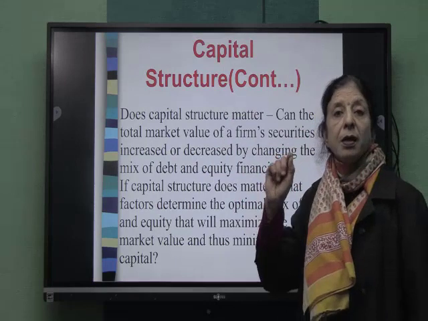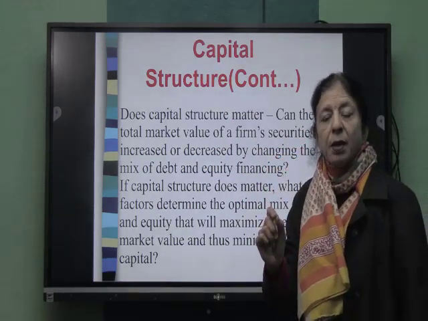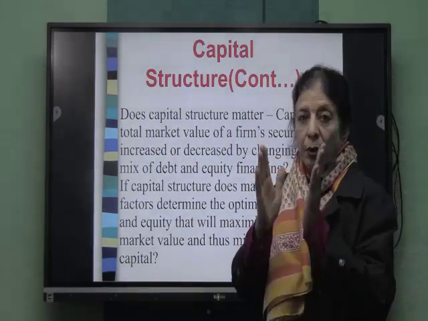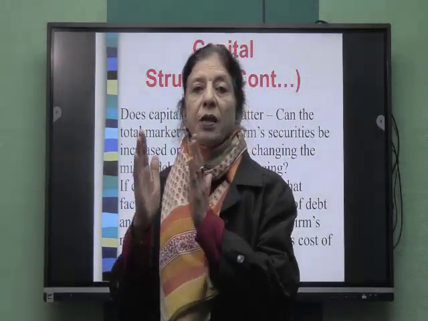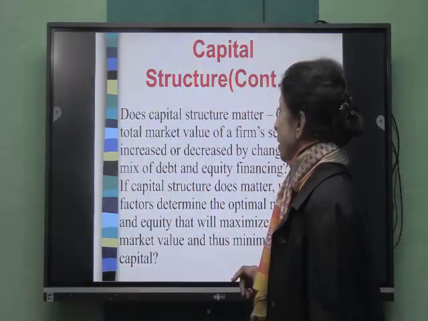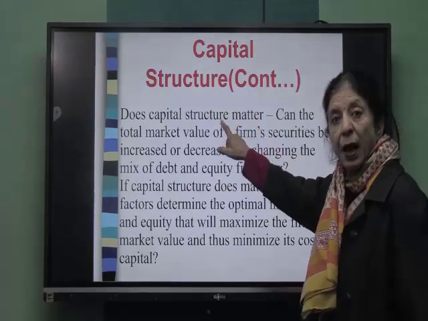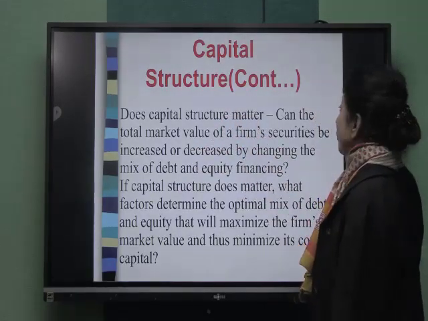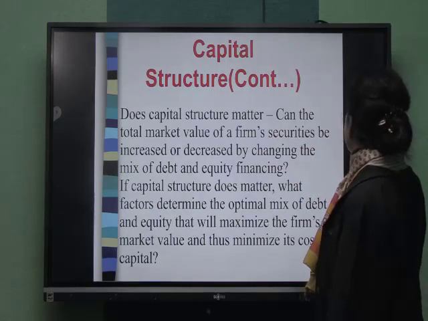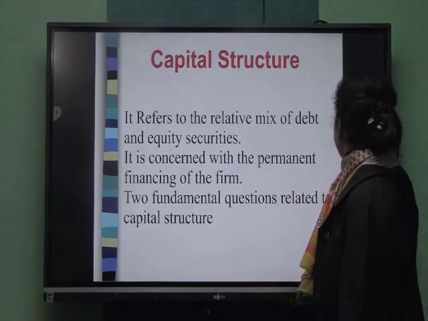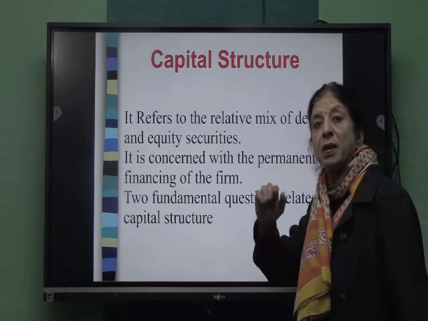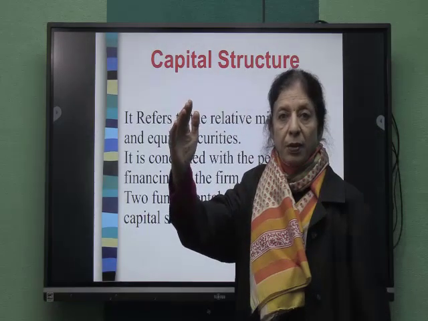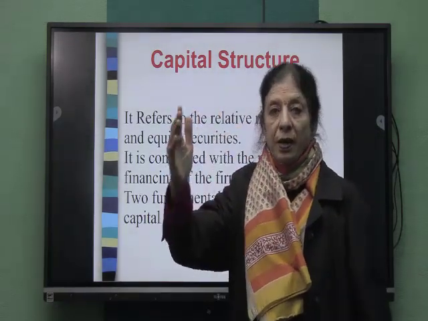It really depends upon whether the ratio of the debt equity is optimum or not. Now just see, if the capital structure is the optimum one, the total market value of the firm's securities will increase. Okay, when it increases, that means the value of the firm will increase, the EPS will increase.